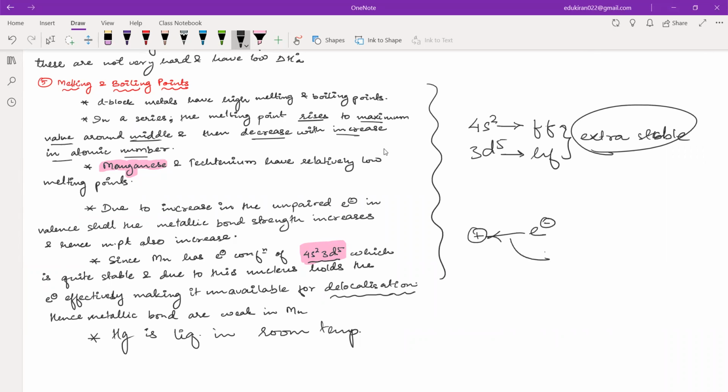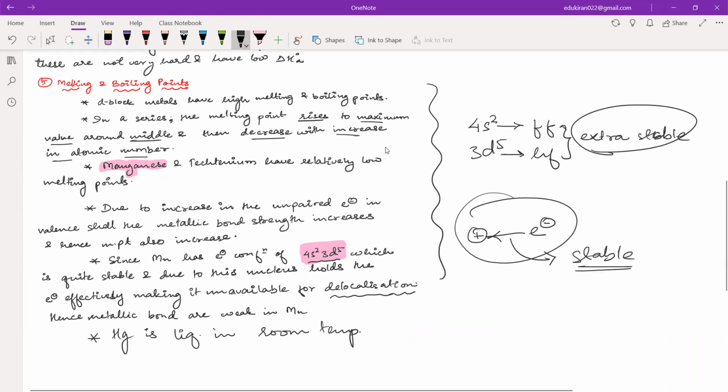Then we say that due to this high attraction, this whole configuration is stable. It is extra stable because it depends only on the electronic configuration. That means these electrons are effectively pulled by the nucleus. Got my point till here?